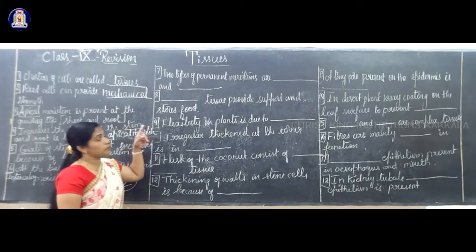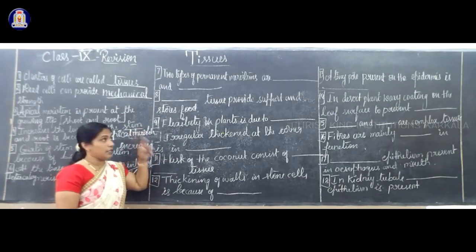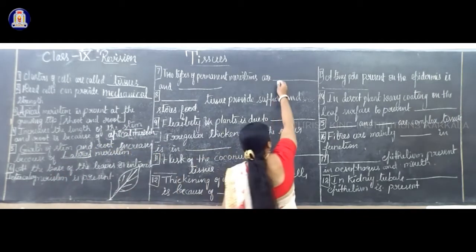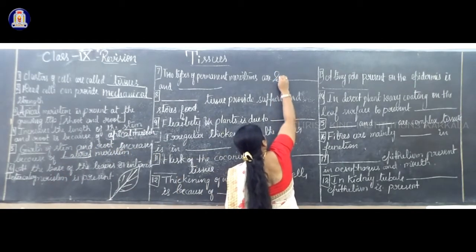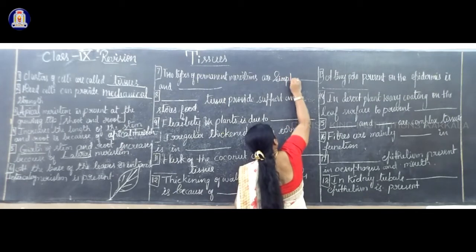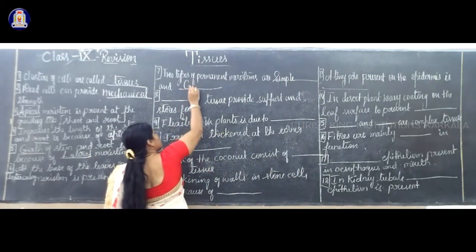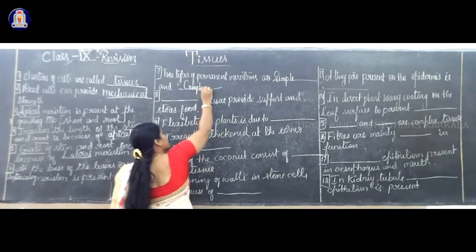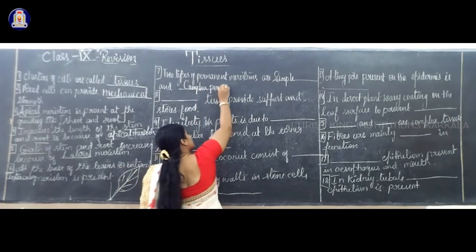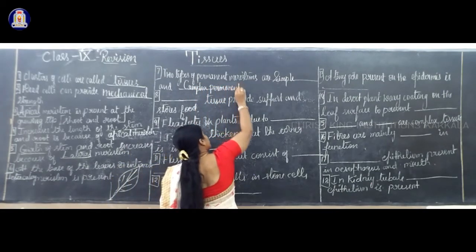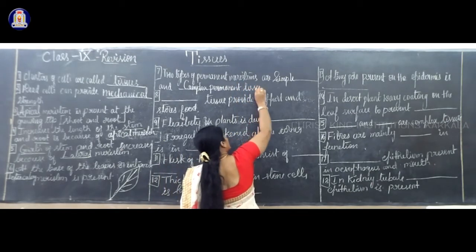Two types of permanent tissues are, which one? Simple permanent and complex permanent tissues. So why is it also called meristem?